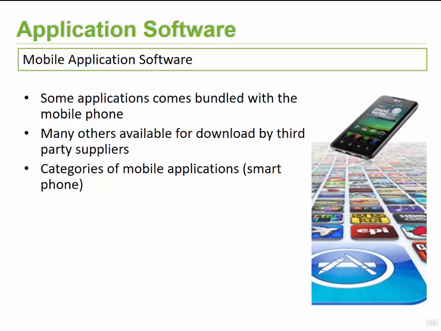However, there are many other applications that you can download and buy from third-party suppliers. We would typically find that there are various categories available. So nowadays you can search for anything from financial applications to games, to productivity, to self-management, motivation, etc.